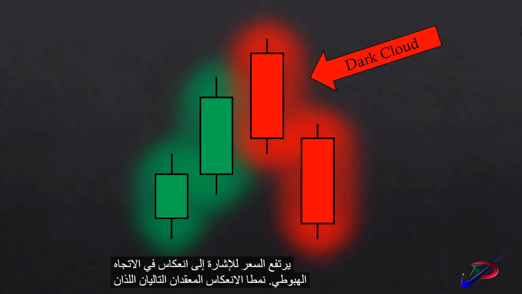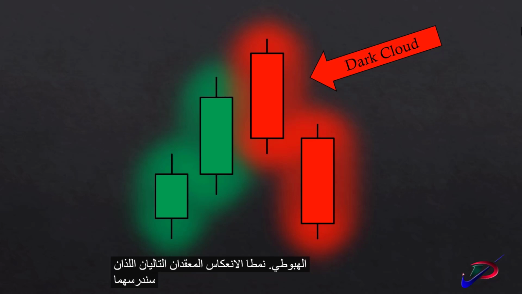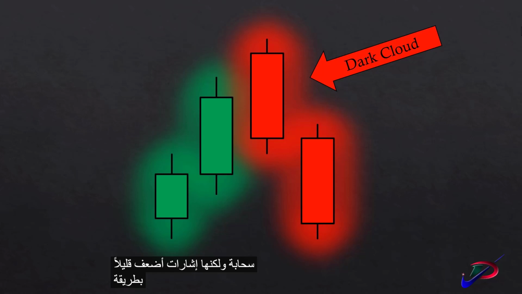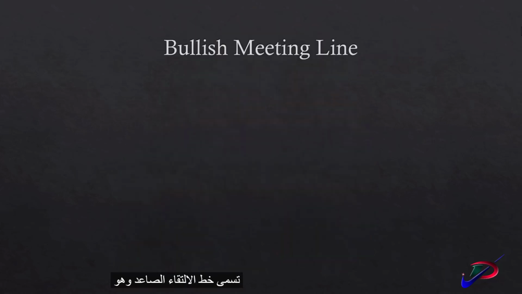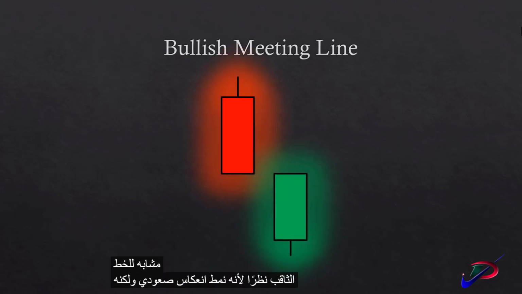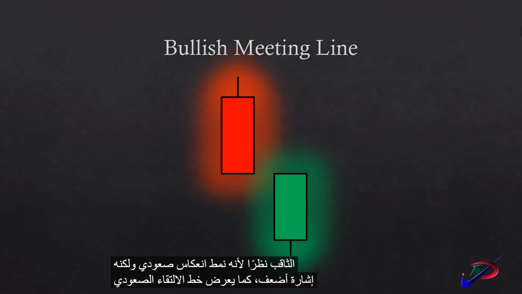The next two complex reversal patterns we are going to study are similar to the piercing line and the dark cloud, but they are slightly weaker signals in a way. The first pattern is called bullish meeting line, which is similar to the piercing line since it's a bullish reversal pattern, but it's a weaker signal.